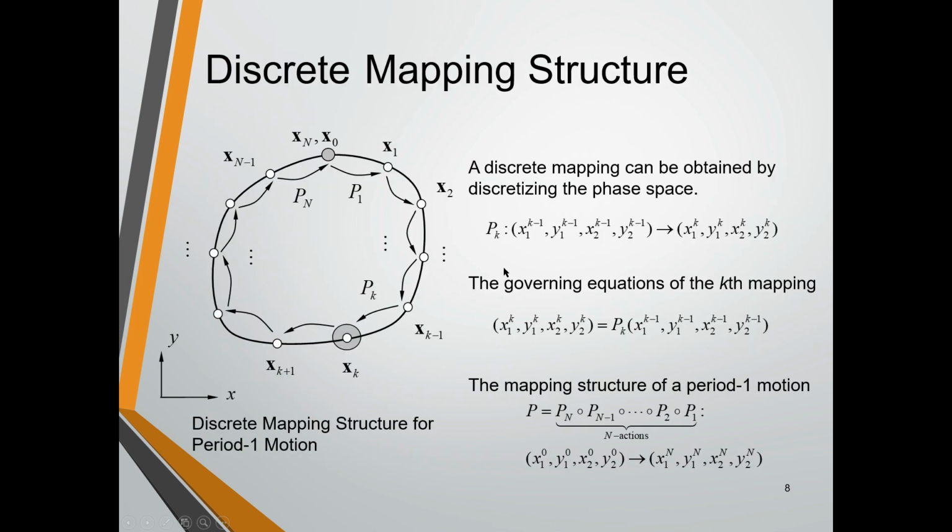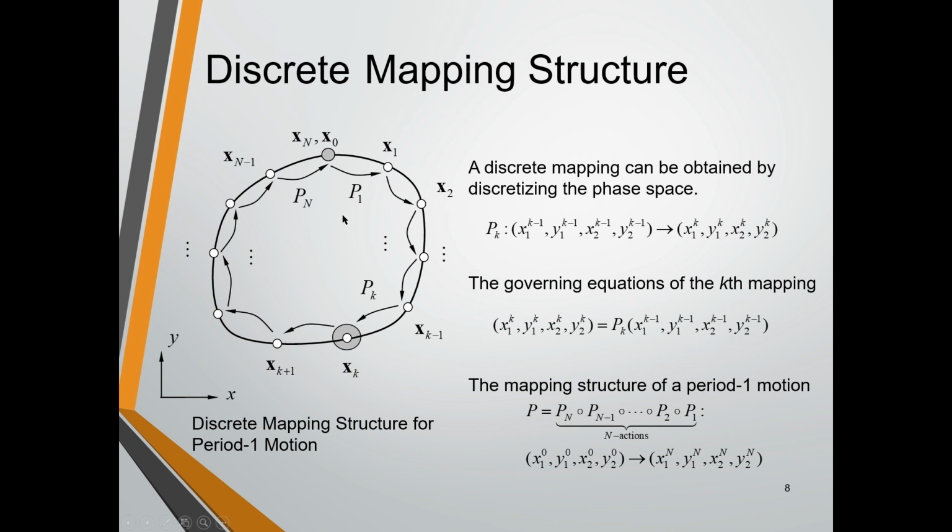And a discretized mapping can be defined for such a system so that one mapping maps from x1(k-1), y1(k-1), x2(k-1), y2(k-1) to x1k, y1k, x2k, y2k. Each of the mappings will follow this structure, and the governing equation of the mapping can be described in this form.